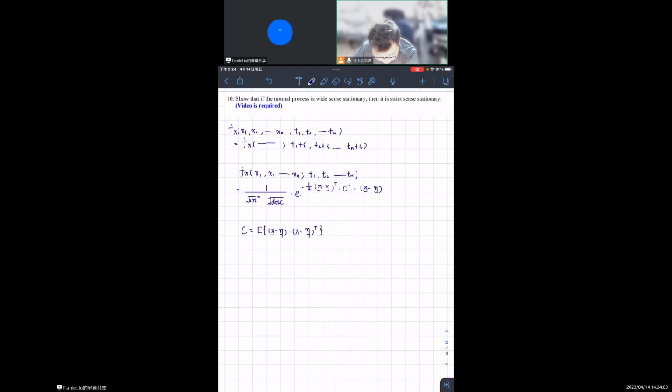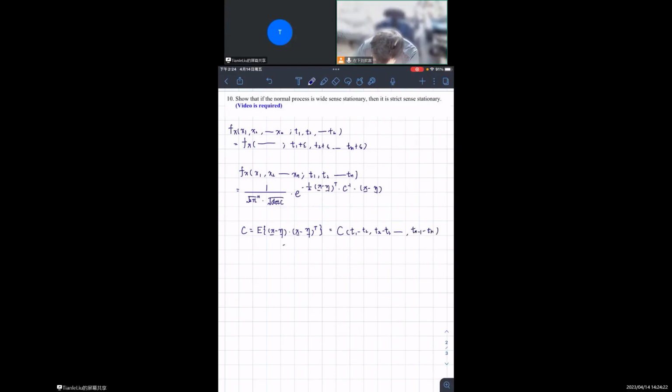Since the process is shown in the lecture notes, we can rewrite it into C of t1 minus t2, t2 minus t3, and so on to t(n-1) minus tn.